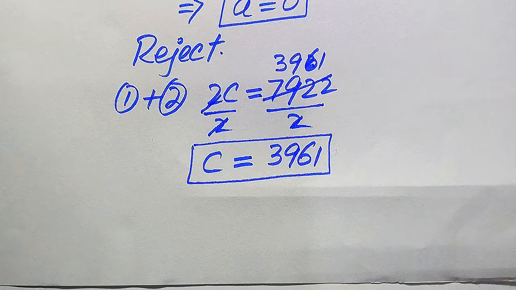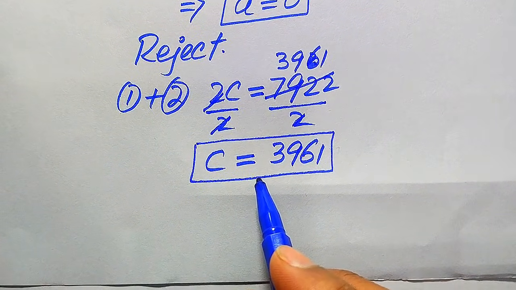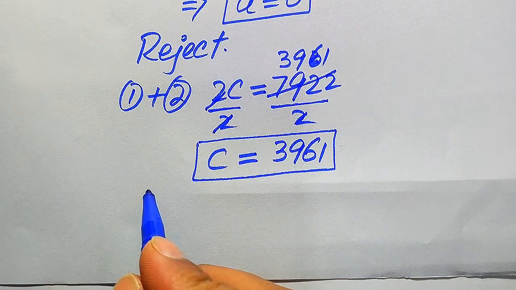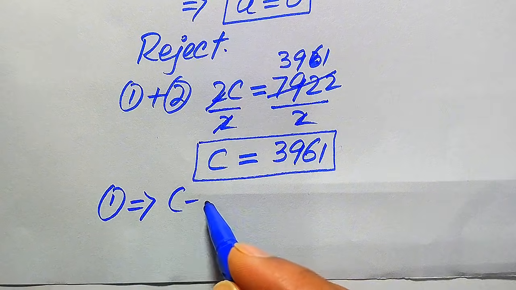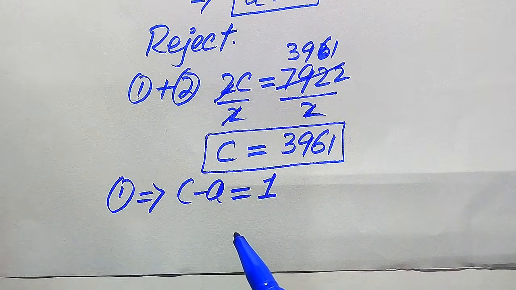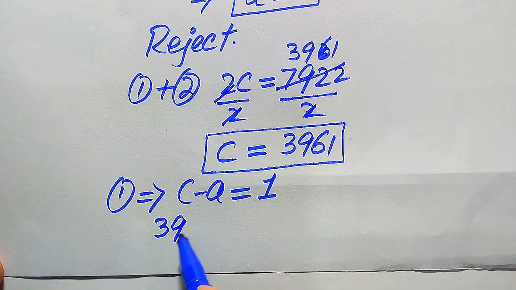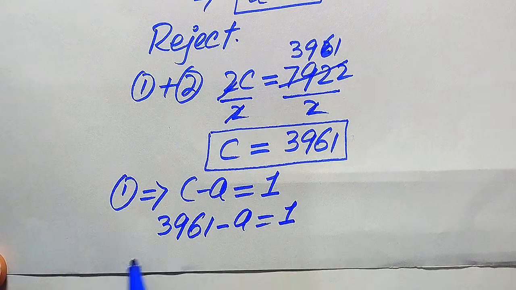And now we need to find the value of our base. For this, we use this value of c in equation number 1. We copy down equation number 1 here: c minus a equals 1. And when we put this value of c here, it becomes 3961 minus a equals 1.